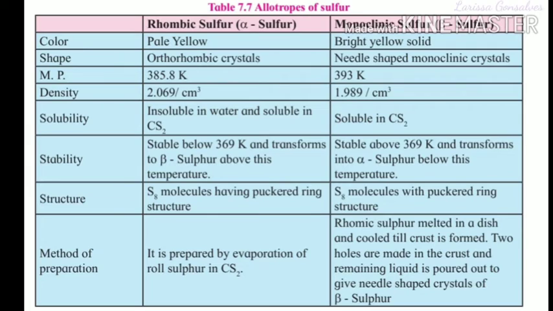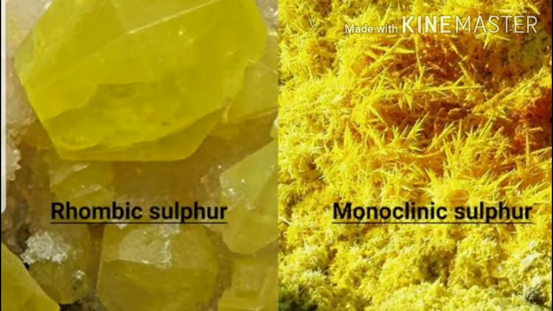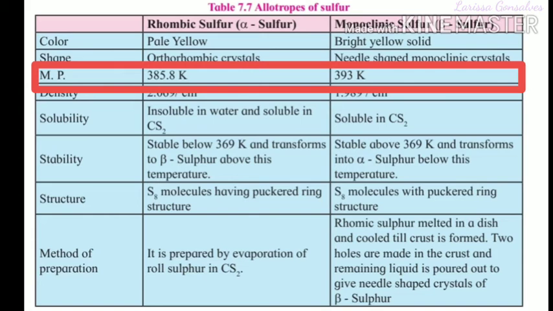The color of rhombic sulfur is pale yellow, while that of monoclinic sulfur is bright yellow. The shape of rhombic sulfur is orthorhombic crystals, while that of monoclinic is needle shape. The melting point of rhombic sulfur is 385.8 Kelvin and monoclinic sulfur is 393 Kelvin.